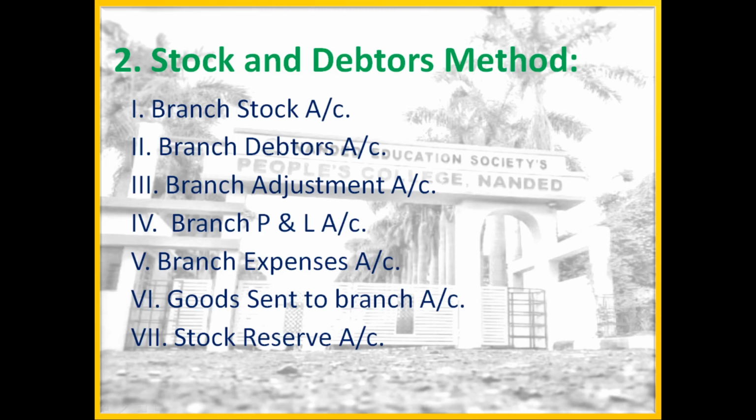Number third, branch adjustment account. This account is maintained to find out gross profit made at branch. All loadings, that is opening stock, goods sent, goods return, closing stock, shortage of stock or surplus of stock are shown.